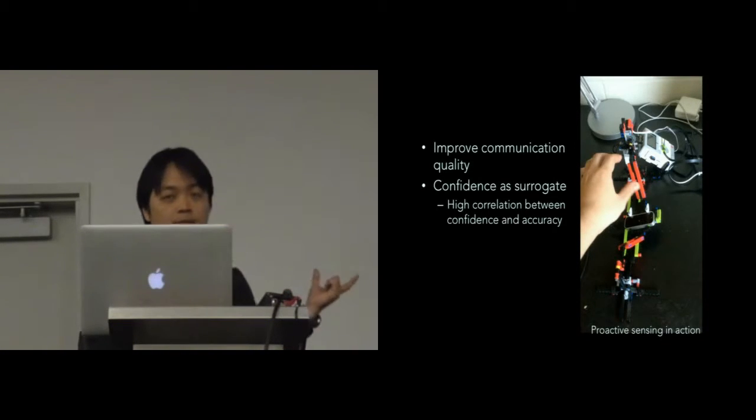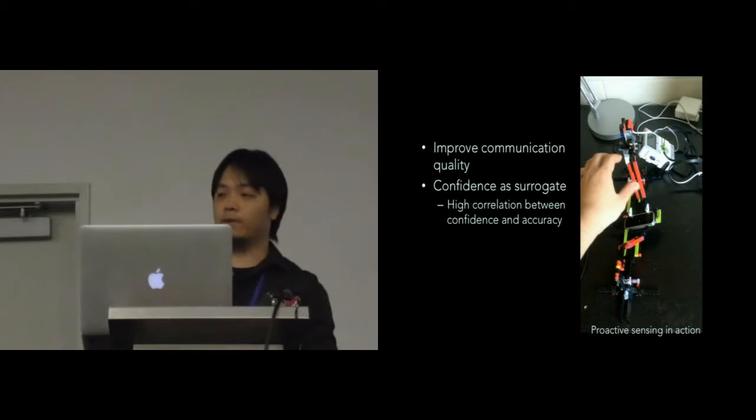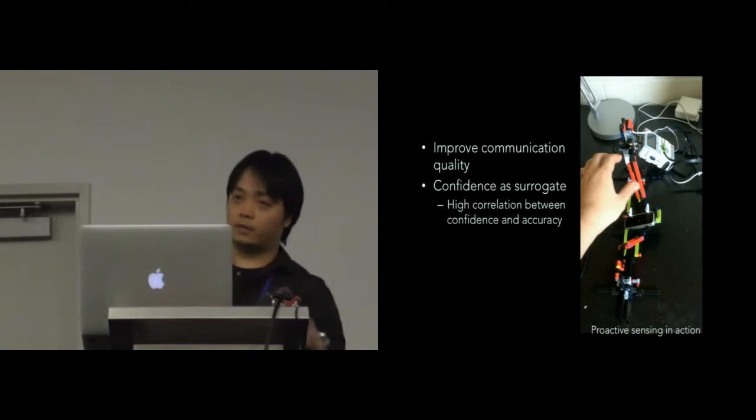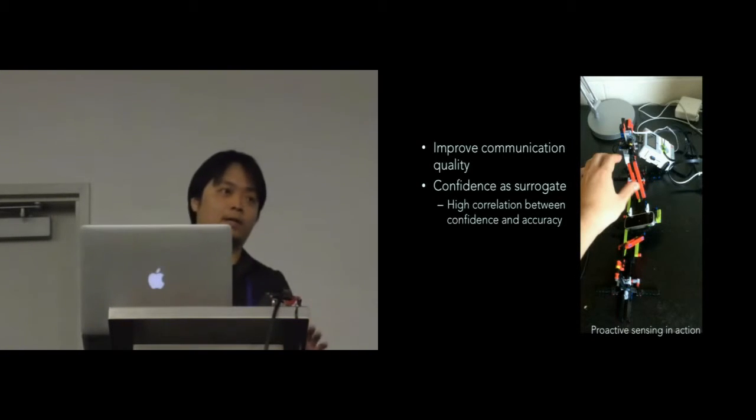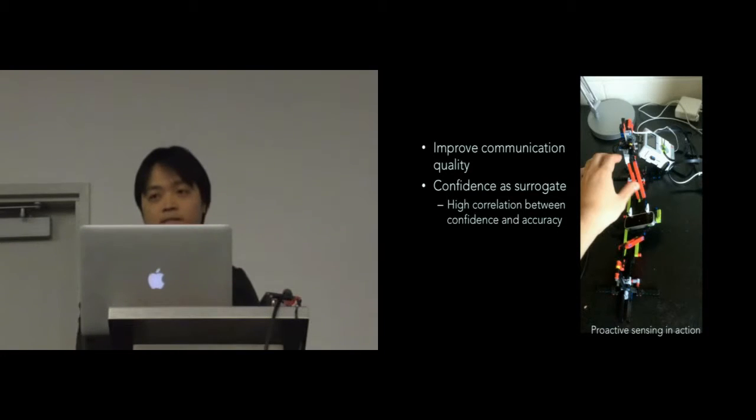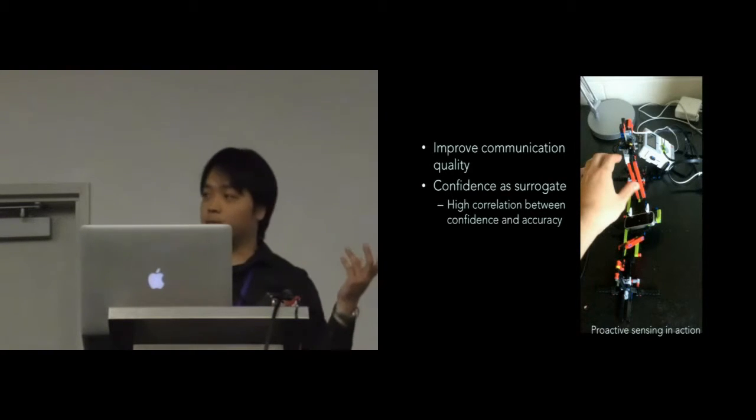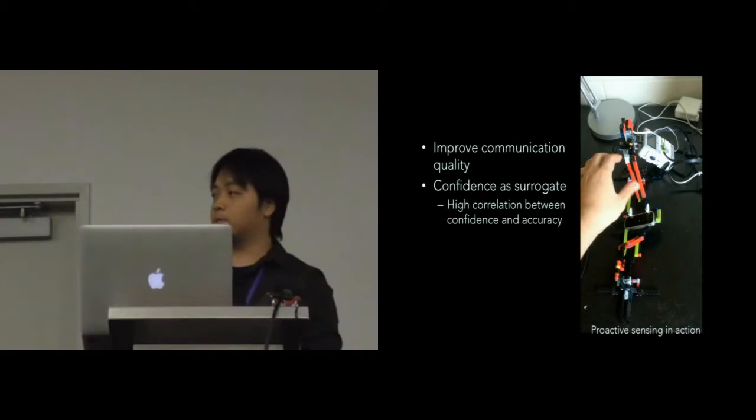The confidence value was derived from the model-based Leap hand pose estimation, and we verified that the tracking accuracies are highly correlated to it. So we use this confidence value as the surrogate for representing our communication quality.